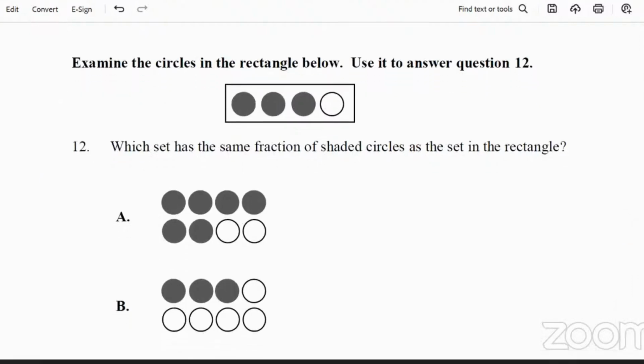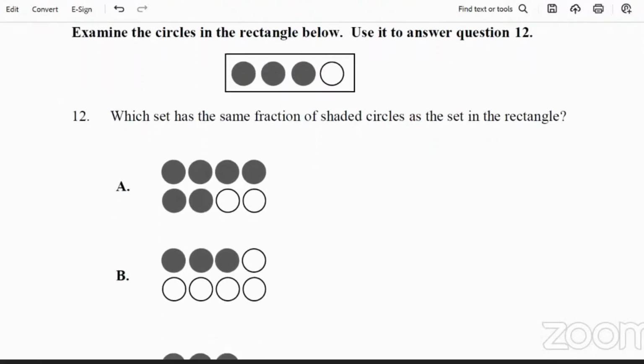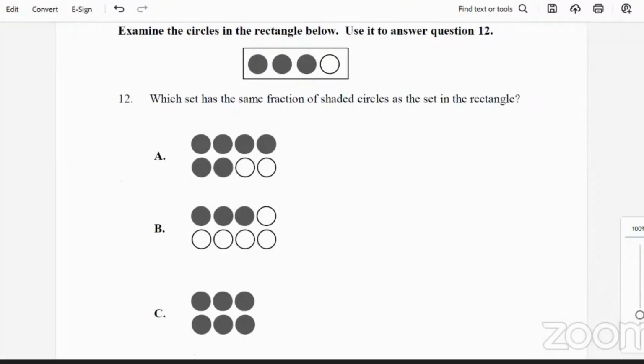Question 12. It says, examine the circles in the rectangle below. Use it to answer item 12. I have to make it a little bit smaller still. So in the rectangle, we have 4 circles. 3 have been shaded, 1 has not been shaded.